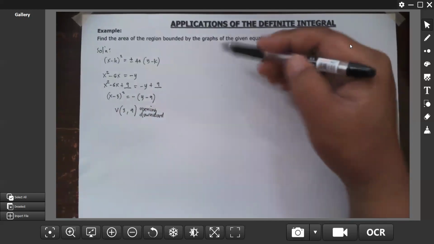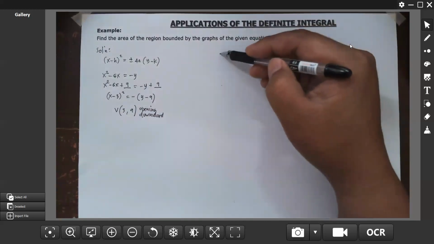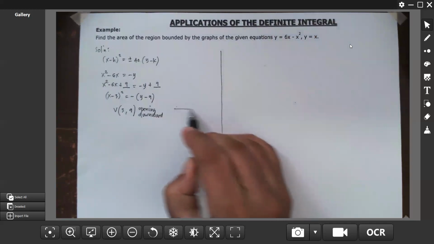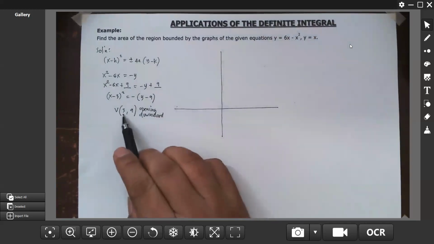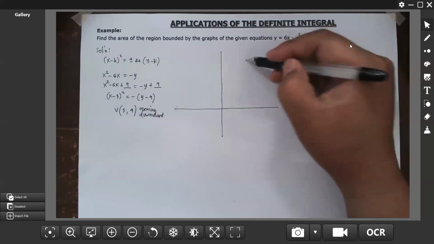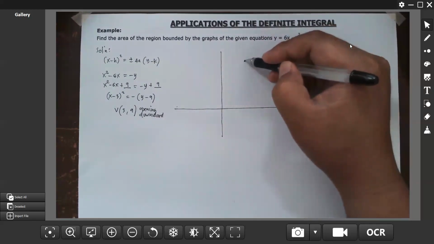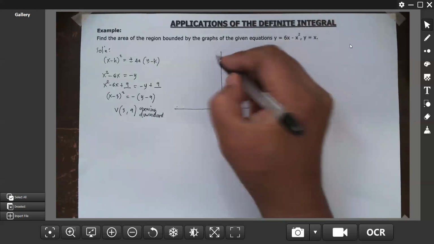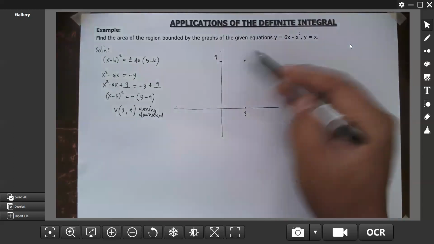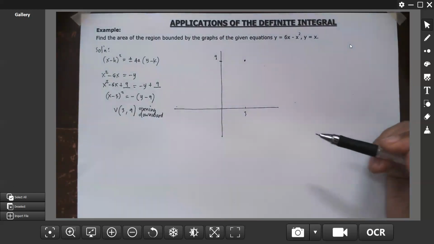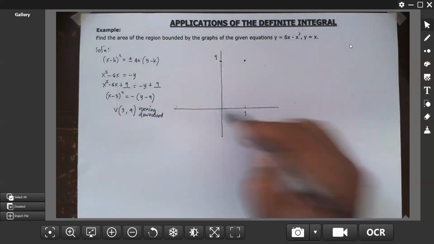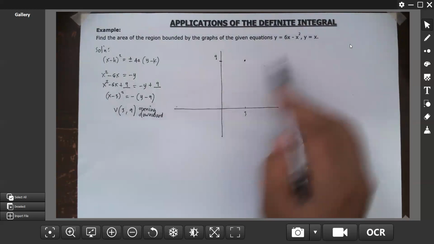So, if you graph this one, the vertex is at 3, 9. So, suppose x is 3, for example, here, 3, 9. You have 9, and then you have 3. Then opening downward. The points where the graph intersects the x-axis is when you substitute y equal to 0.